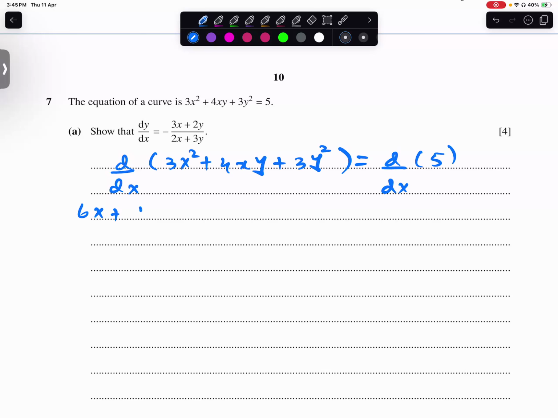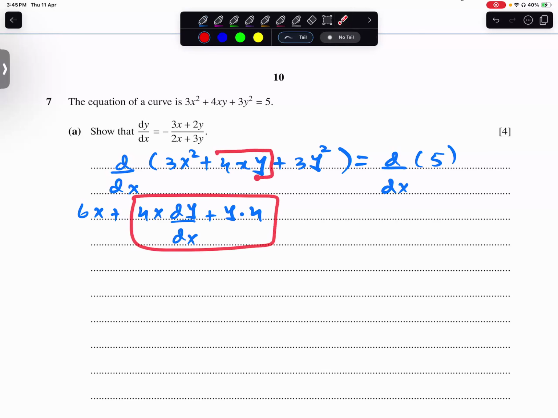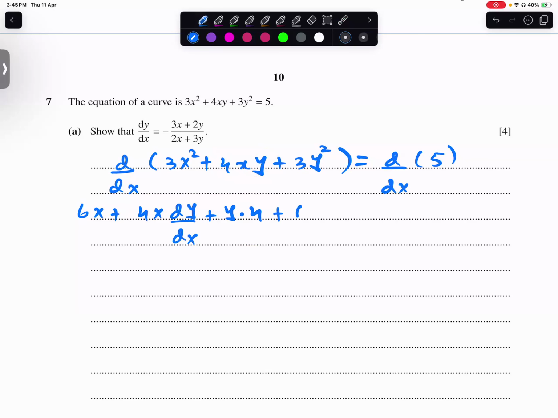So 4x as it is, the derivative of y will be dy by dx, and then y as it is, and the derivative of 4x will be 4. This is the product rule I have applied on 4x times y. Then plus 3y squared, the derivative will be 6y times dy by dx, and the derivative of 5 will be 0.